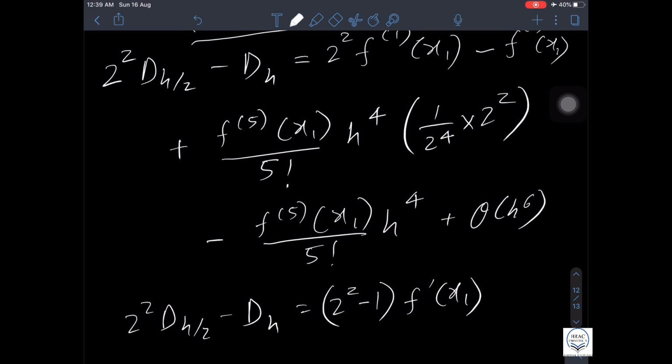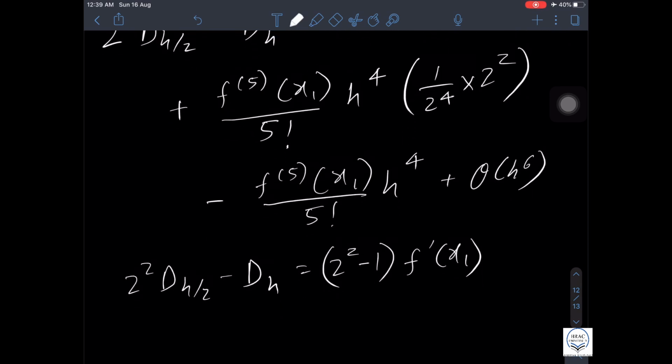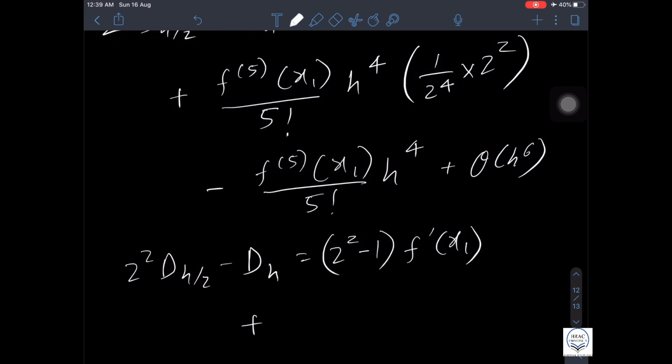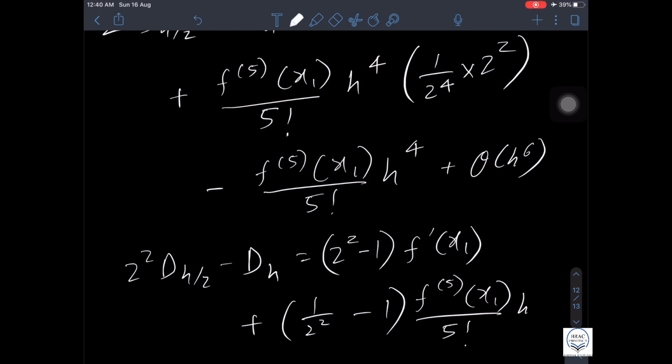And what you'll be left with for the second term is plus 1 by 2 square minus 1 into f5 x1 by 5 factorial h to the power 4, because 2 square divided by 2 to the power 4 gives you 1 by 2 square, which is 1 by 4.